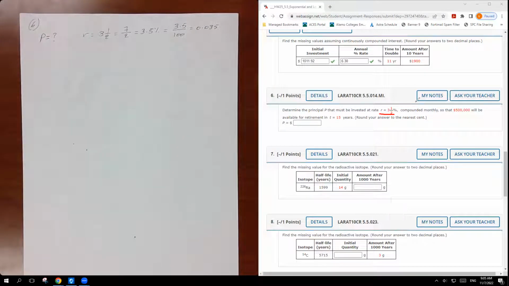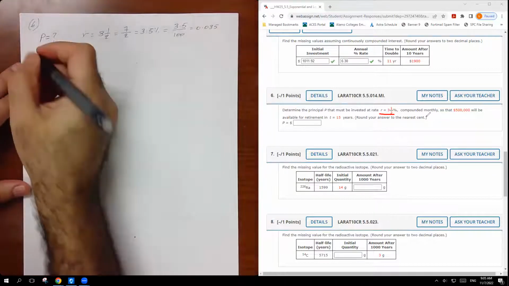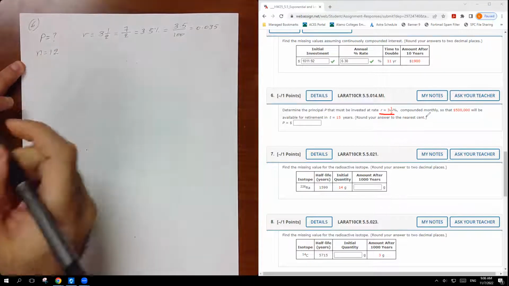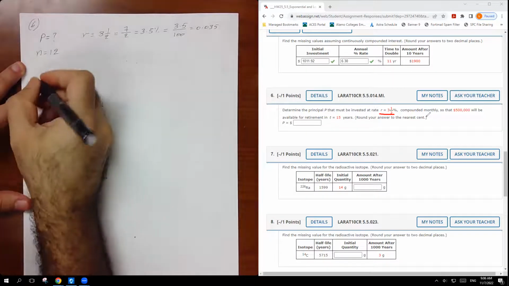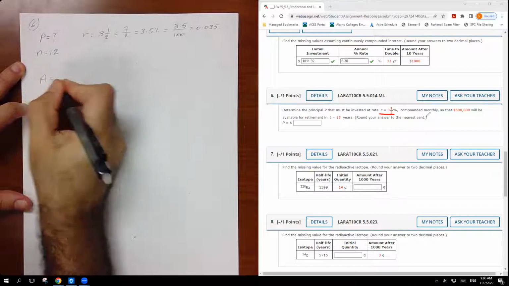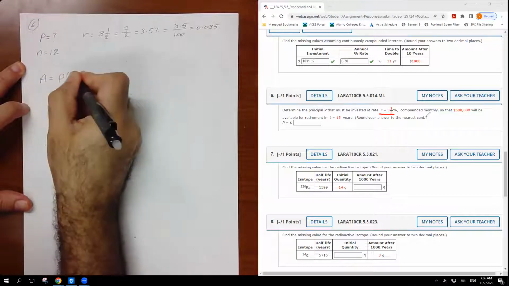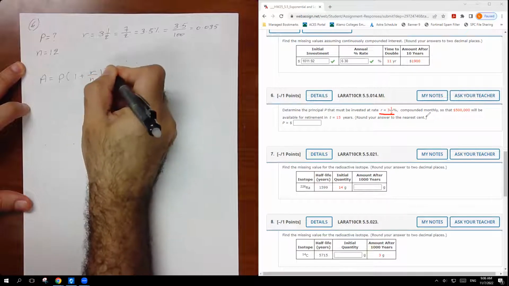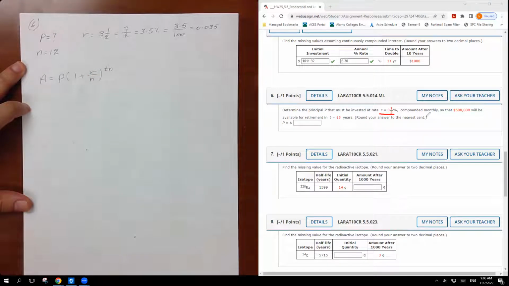Now let's keep going. It says compounded monthly. Compounded monthly means they're telling you n equals 12. And which formula are we going to use? We're going to use the formula A equals P (1 + r/n)^(nt). This is the second formula.